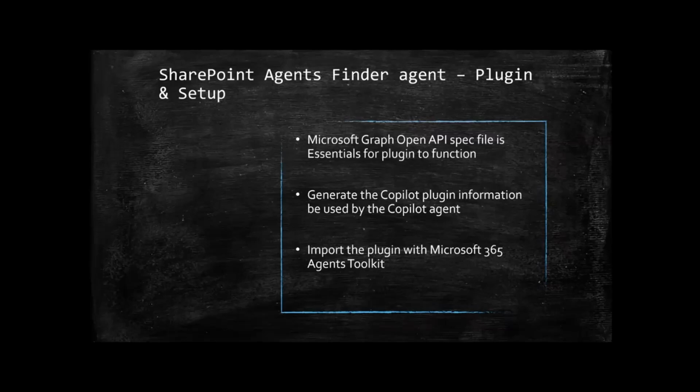So let's talk a bit about the SharePoint Agents Finder agent plugin and setup. The SharePoint Agents Finder leverages the Microsoft Graph API as a Copilot plugin within a declarative agent. It utilizes the Microsoft Graph Search API endpoint to effectively retrieve information about SharePoint agents within Microsoft 365.